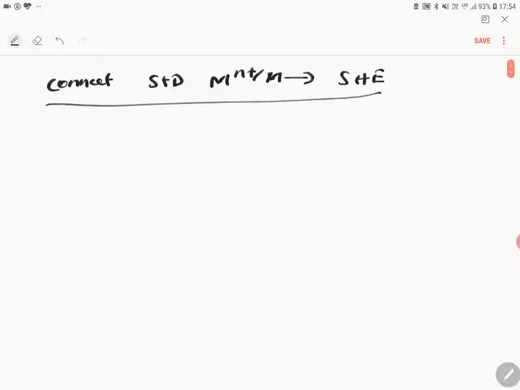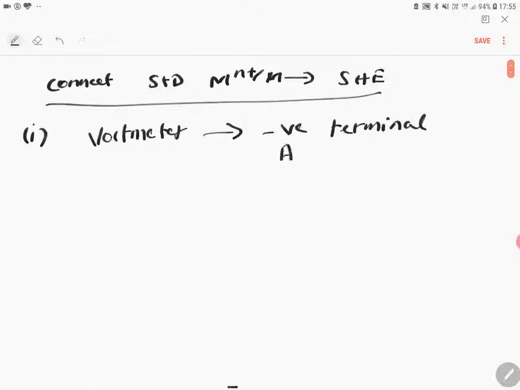So now whenever you connect a standard metal M n plus bar metal to SHE in the laboratory, first important point: the negative terminal of the voltmeter, if it is connected only to the anode.